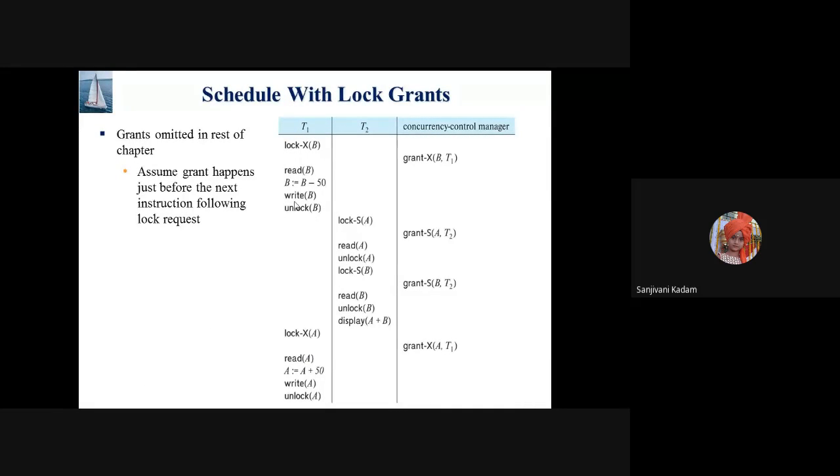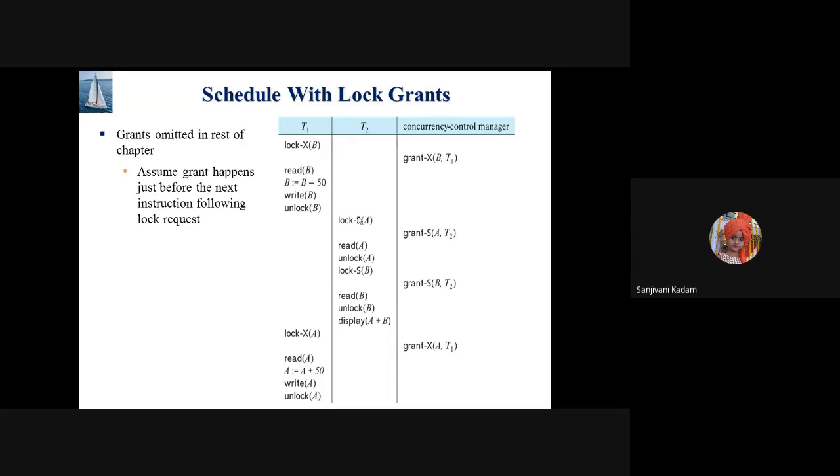Here we have a lock request, and here an unlock request. In the two-phase locking protocol, this unlock request will not be made here. Instead, the unlock will be at the end of my transaction. Let us take the example of T2. In T2 we have lock S on A, read A, unlock A. Instead of unlocking A at this point, the unlock request will come after the use of B. So we interchange: lock B will come at this point.